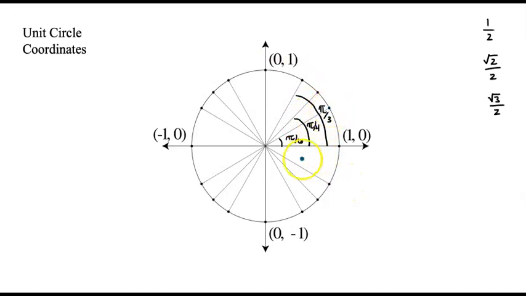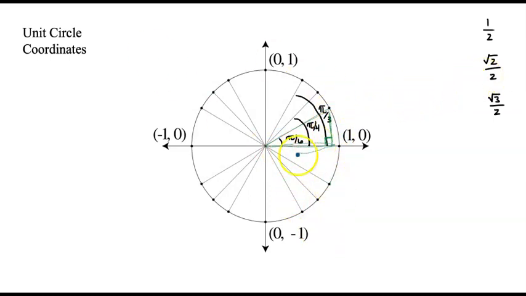And here I see that if I drew a right triangle with this right angle here, then I know that the length of this triangle is longer than the width.